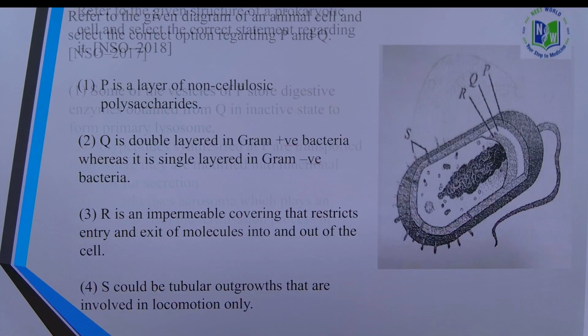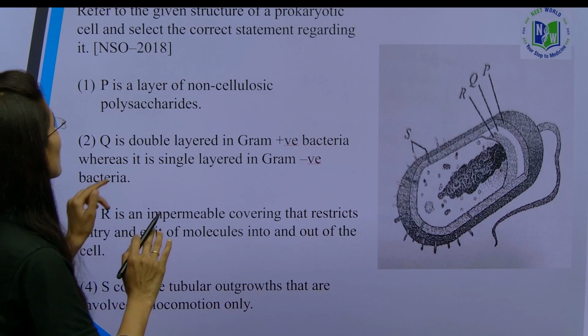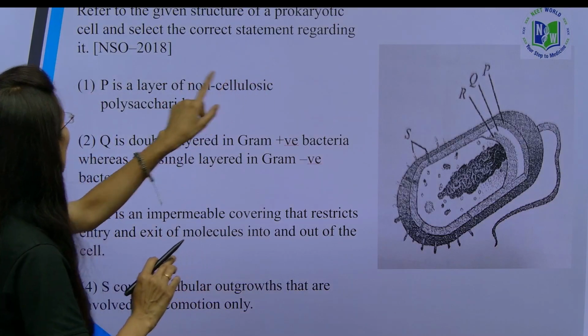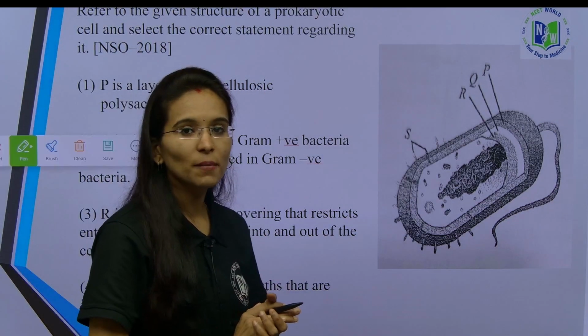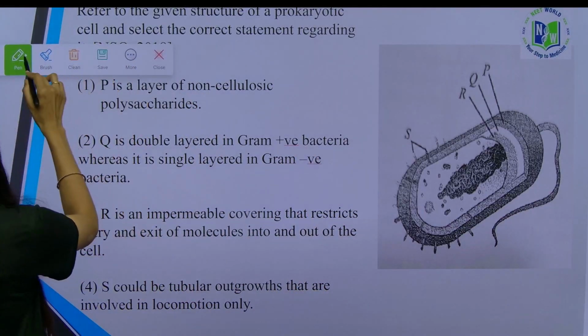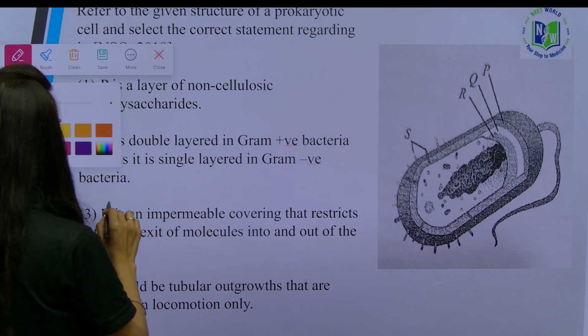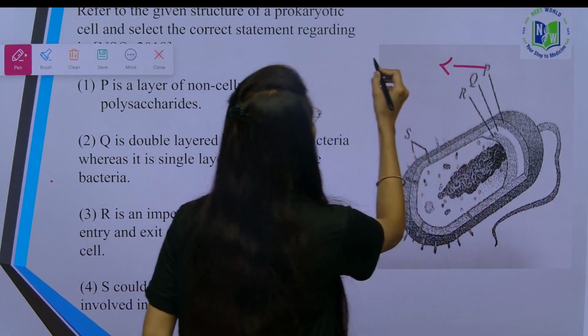Next, coming towards the second question: refer to the given structure of prokaryotic cell and select the correct statement regarding it. As we have discussed some important labeling parts, now you need to answer what these given labeling parts are. Students, just look here. What is P? P is a capsule.